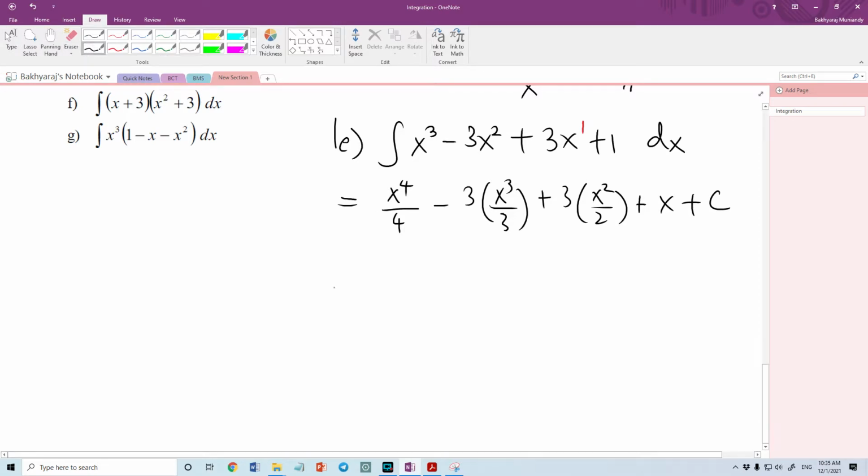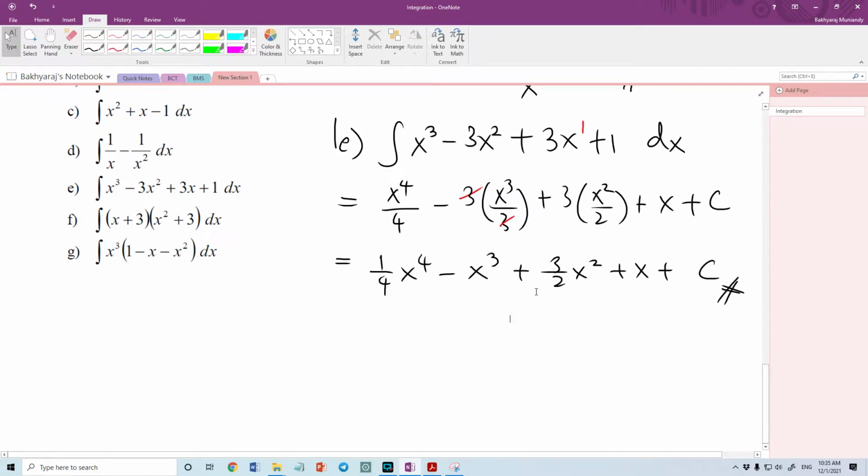Finally I must write 1 over 4 x to the power of 4 minus, and here nicely I can cancel the constant, so I get x to the power of 3 plus 3 over 2 x to the power of 2 plus x plus c. So this is the answer for 1E.